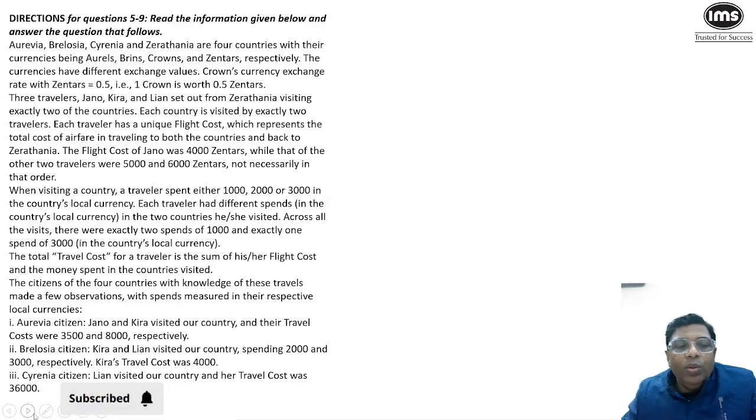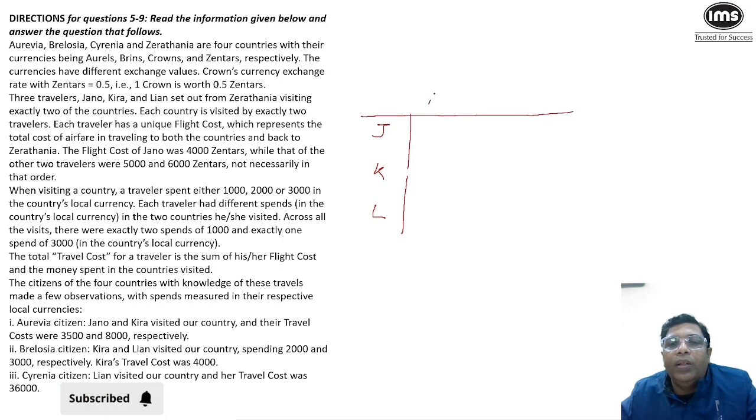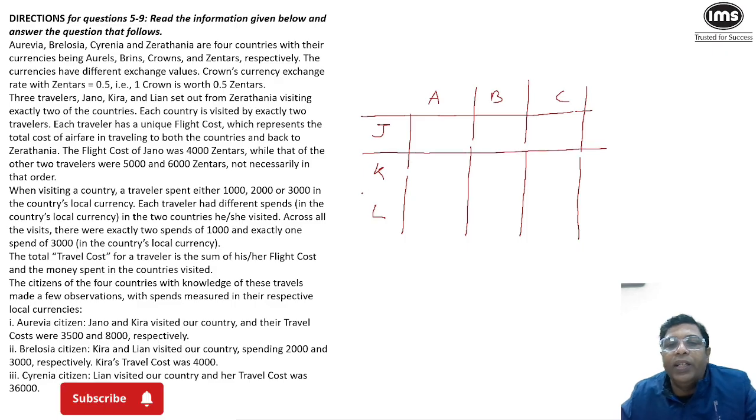So let's try to figure out how we can structure this question. I'll write the names of the people, J, K, and L. Here I'll write the three countries, A, B, and C. I'm not going to write Z because these three people are going to visit among these three countries only, and everyone is visiting exactly two countries, which has been given already.